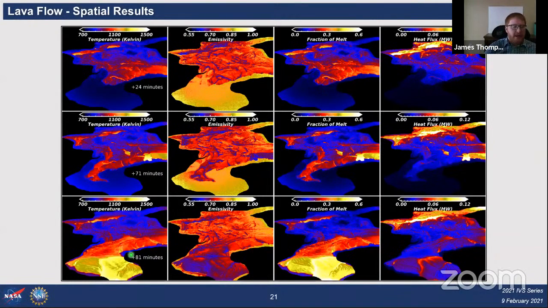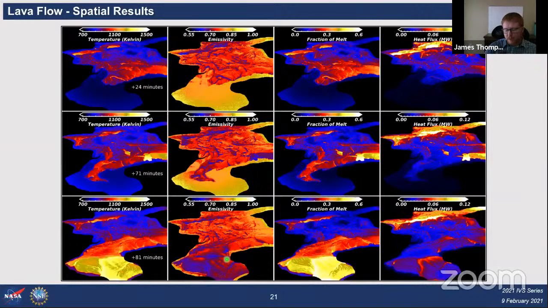Something interesting to look at here, over 81 minutes, we see this large breakout at very high temperatures, and this correlates with fairly surprisingly low emissivity values from what we would have normally accounted for. Obviously, there's a high fraction of melt, but our heat flux is significantly lower than what we'd have normally expected. And this is a consequence of having lower emissivity in this area.